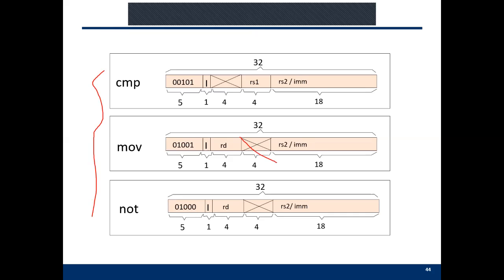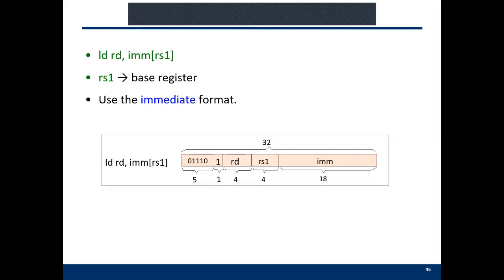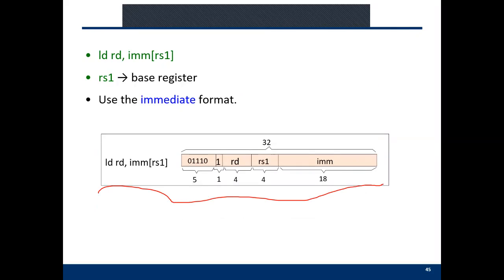Some parts are not used. These 4 bits are not used. And this is the load instruction and the store instruction. They are also 2-address instructions. These are their instruction encodings.